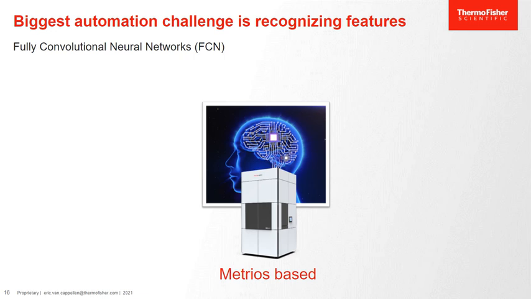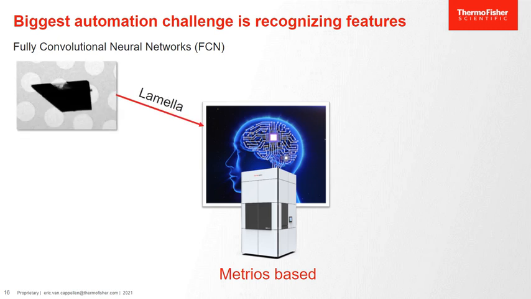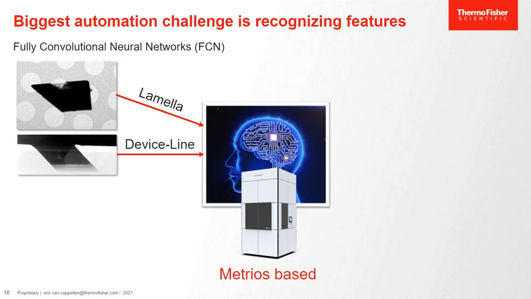The first thing is you need to tell the system what a FIB lamella is. In this case, it's a top-down wafer preparation. The system needs to know what a lamella looks like at low magnification in order to be able to zoom in and then discover the device line.